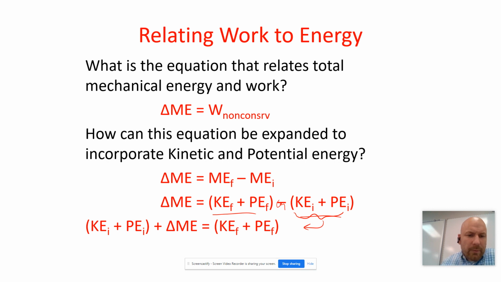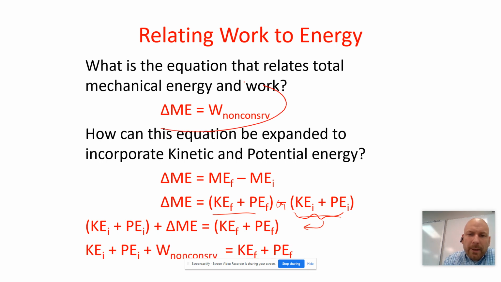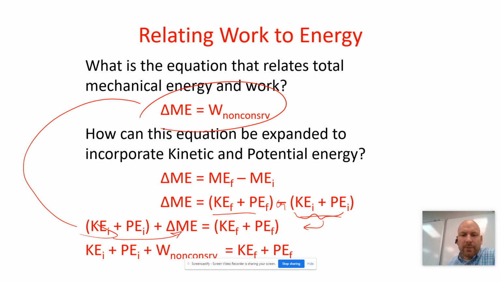So we have initial kinetic energy plus initial potential energy plus the change in mechanical energy is equal to the final kinetic plus potential energy. And then finally, relating what we had up here, down here, we're going to substitute work done by non-conservative force for change in mechanical energy. So this is the equation we're going to use a lot. That's a really important equation there.